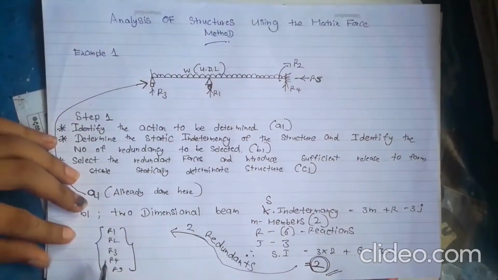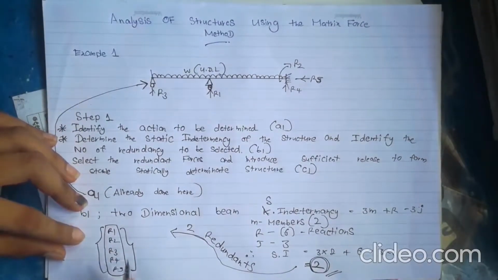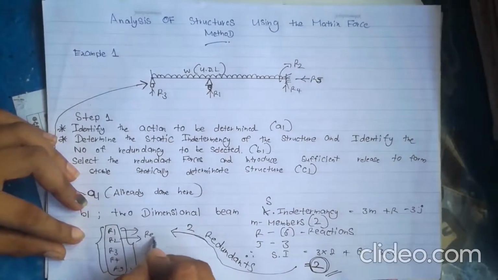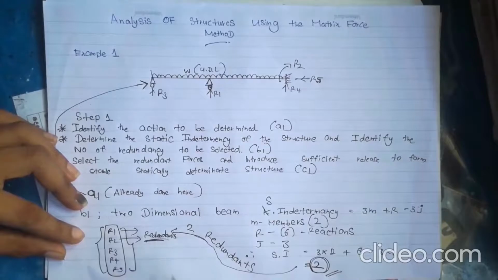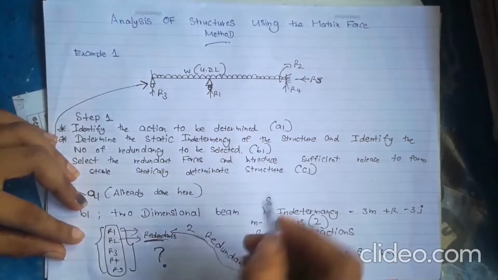Here comes the third one. We need to select the redundants from these 6. I am selecting R1 and R2. Why? You will see in a moment.